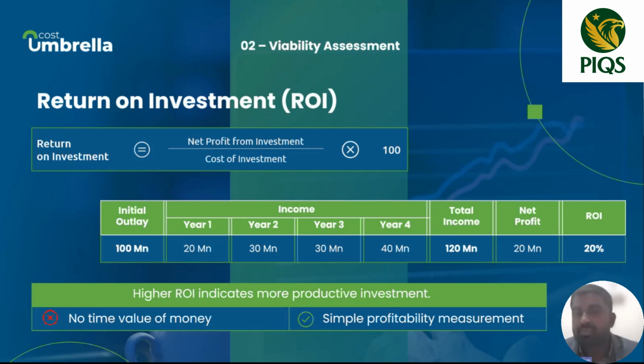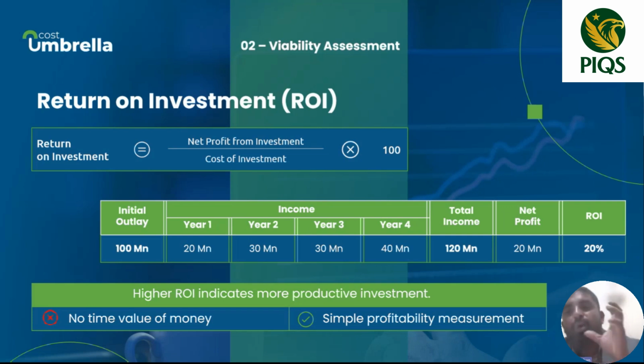In this analysis, the methods we discussed so far, which are payback and return on investment, are not considering the time value of money. Right? There's a value for time. With time, monetary value is decreasing. In simple understanding, what was the petrol price 10 years ago, 20 years ago? For the same amount of petrol, what is the price now?